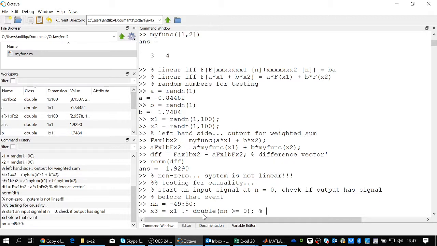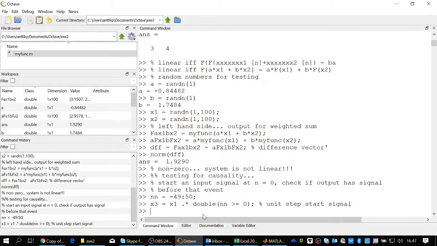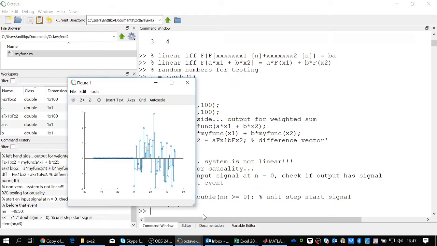Basically we are using the unit step to start the signal. And it looks like this: stem n, x3. That's the input. It doesn't have anything happening until you go to time 0.